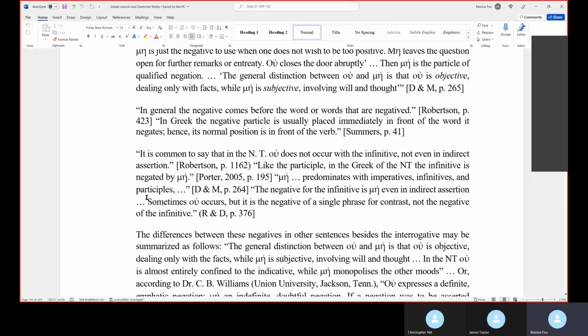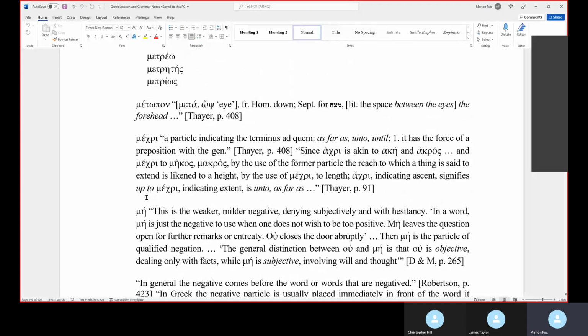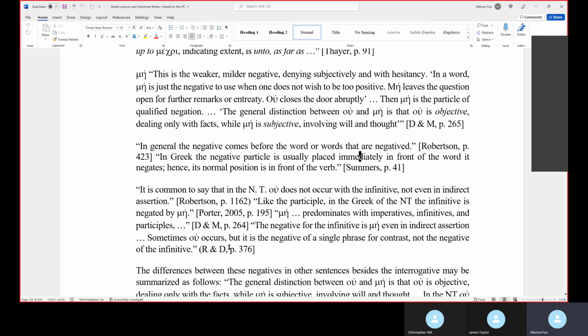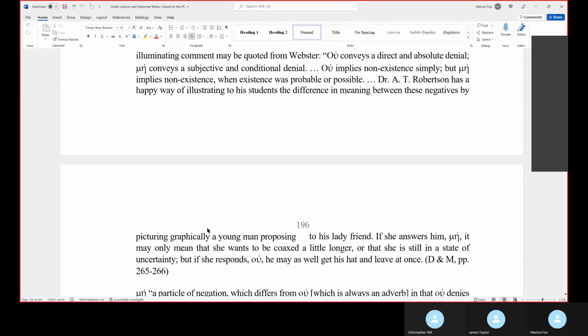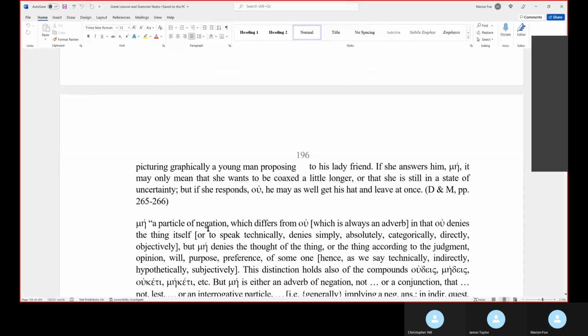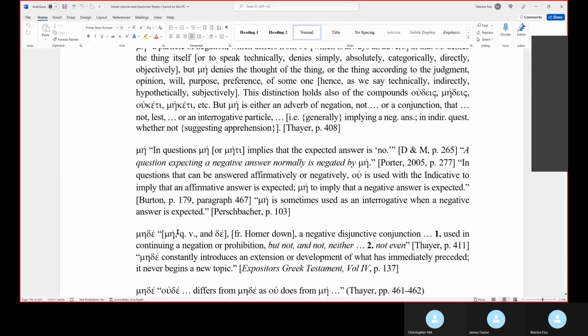This is discussing the uses of me and ou. We have a bunch of information in this file that I gave you: Dana and Mantey, Summers, Robertson, Davis, Porter, A.T. Robertson's Big Grammar. And here's the difference between ou and me. All right. Here's me, and there's me dé. All right, there's more on me.